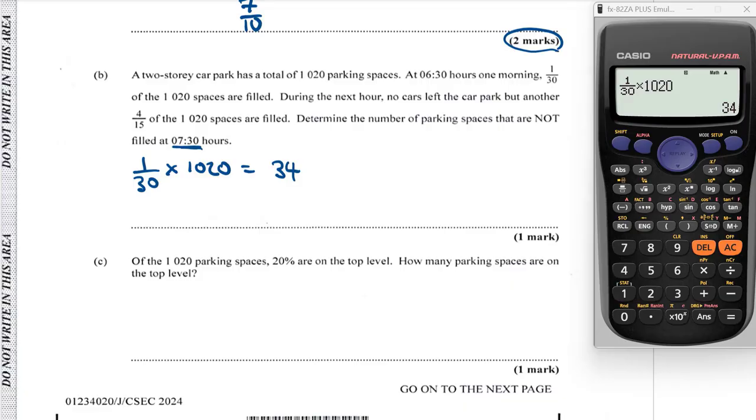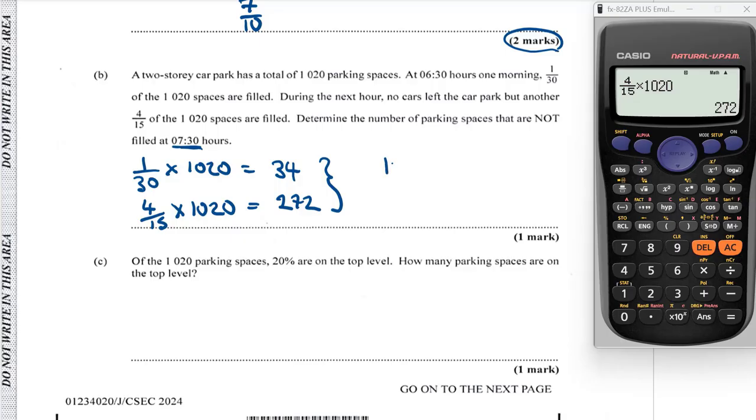no cars left the car park, but another 4 over 15 of the 1020 are filled. So again, put in my calculator, 4 over 15 times 1020, that's equal to 272. Now I have the total spaces that are filled, so all I need to do is to subtract this from the 1020.